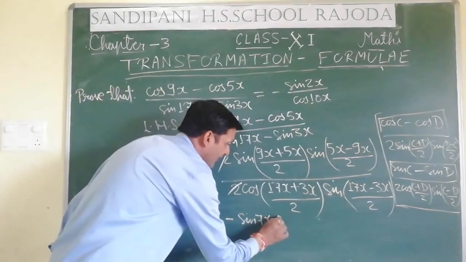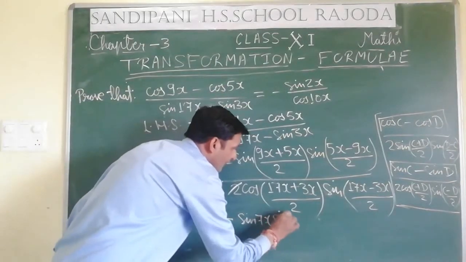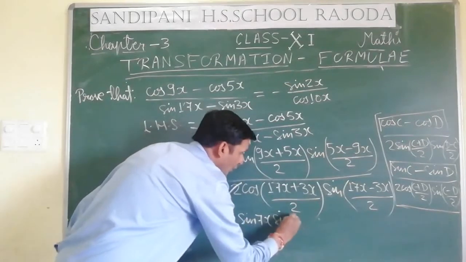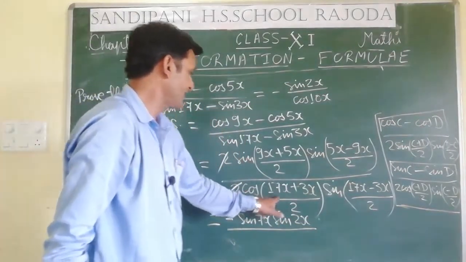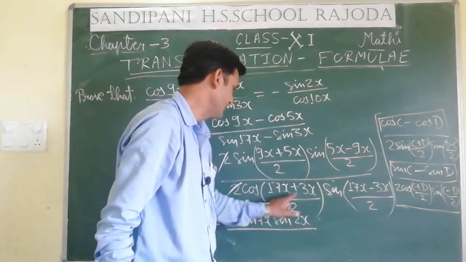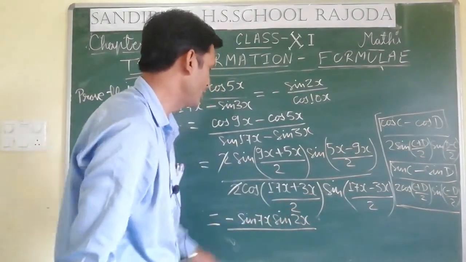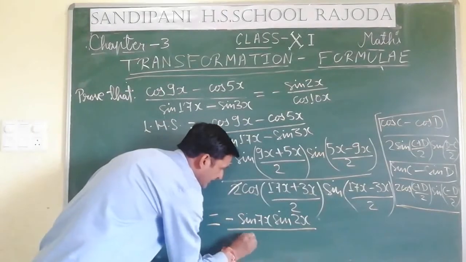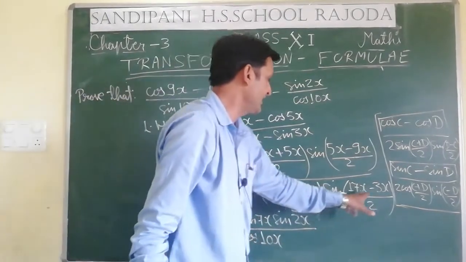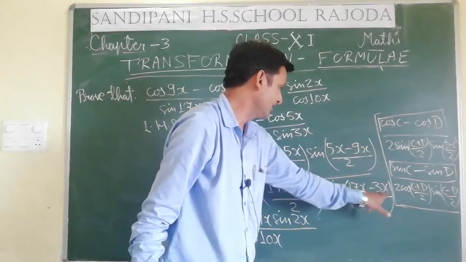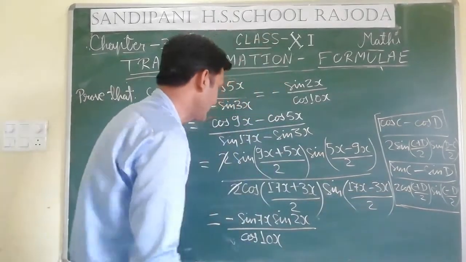So minus sin 7x sin 2x upon 17x plus 3x, that is 20x by 2, so it is 10x, and sin 17x minus 3x means 14x by 2, that is sin 7x.